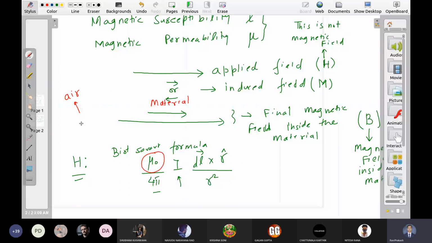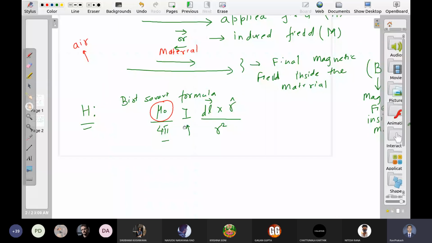One part is in our control. It has another part which is controlled by the environment. So this is B. What is H now? H is simply this with mu naught dropped. Now it has everything which is in our control.